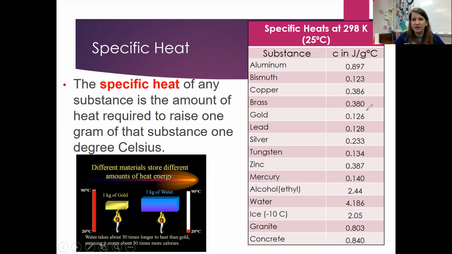If you look at the specific heat of gold, it's 0.126 joules per gram degrees Celsius, but water is 4.184. But look how much bigger water's specific heat is than the gold. So that's telling me that it takes so much more energy to heat up water than it would take to heat up that gold.